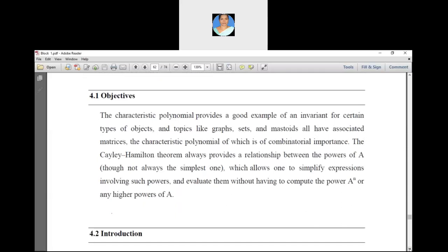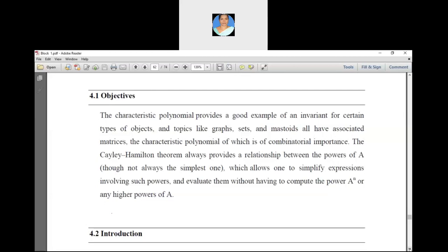The characteristic polynomial is of great importance, and the Cayley-Hamilton theorem provides the relationship between the powers of A, which allows one to simplify expressions involving such powers and evaluate them without having to find the nth power or any higher power of A.